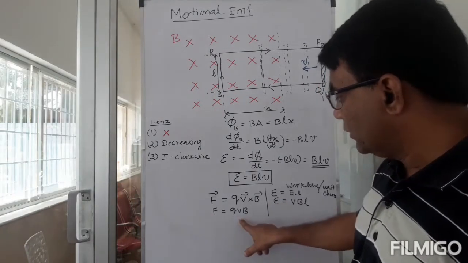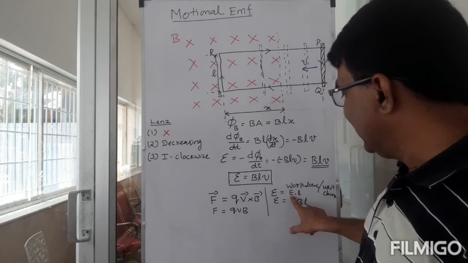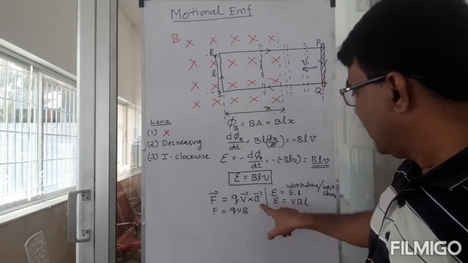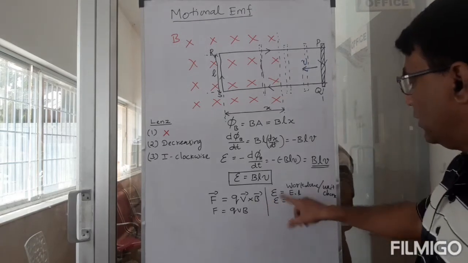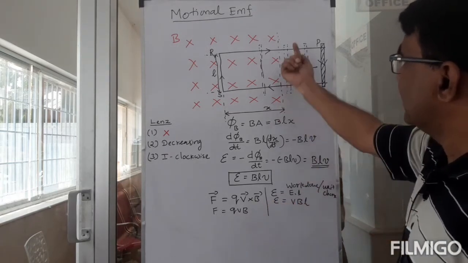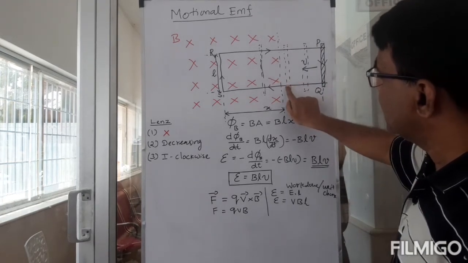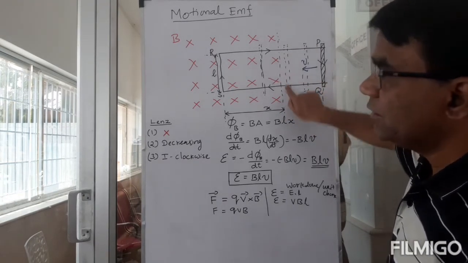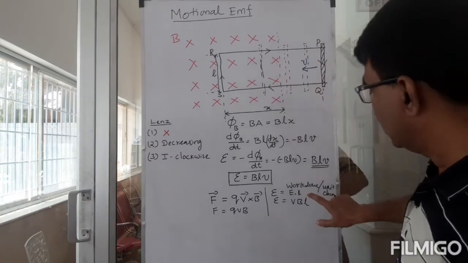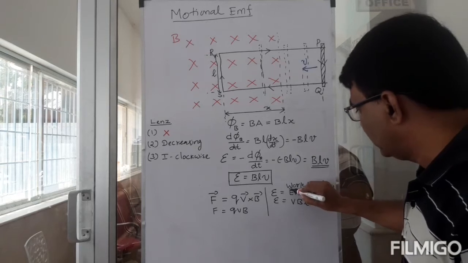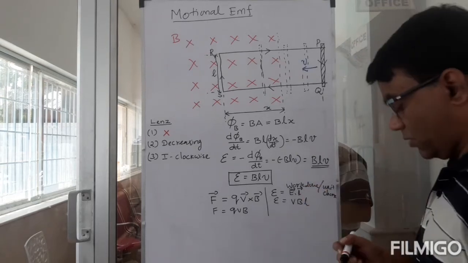So you find the force, and from the force you can find E, which is force per charge, VB. The force is acting in this direction, so it's going to take it from here to there. So this length is the distance over which the force is acting. So F into L, just dot product.